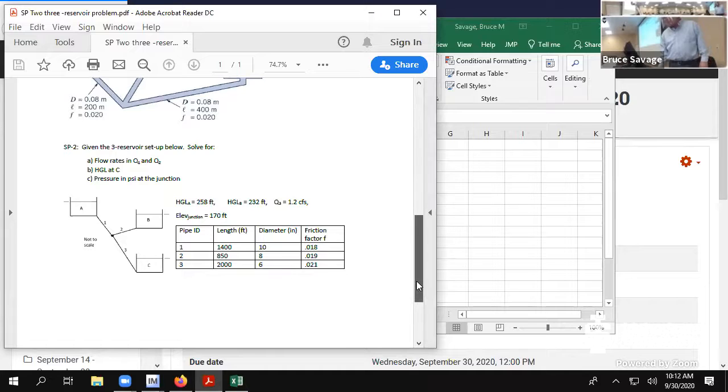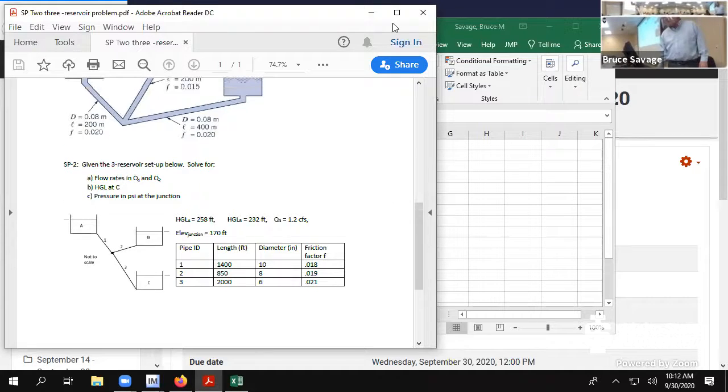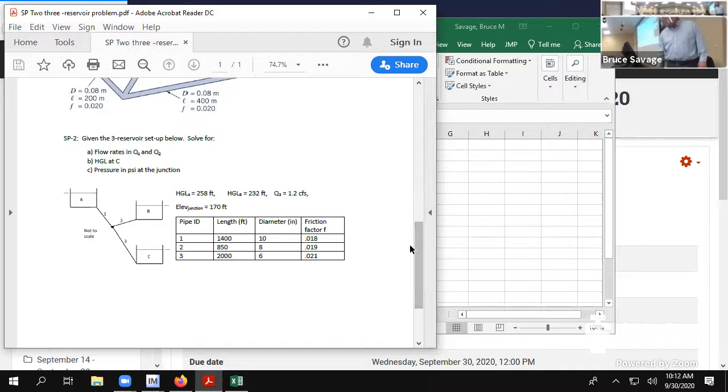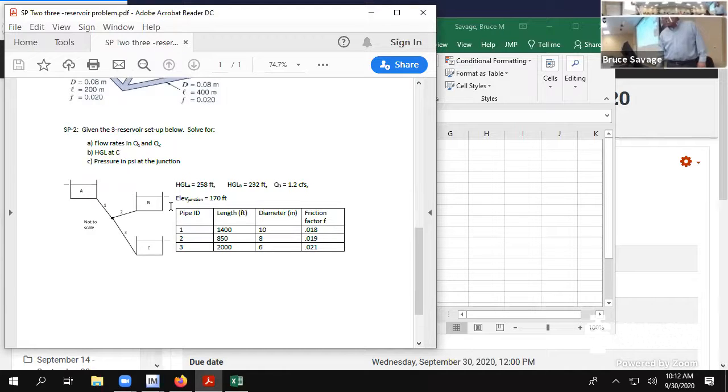I slapped this problem together last week, I think, when I was in a hurry, and then we ended up extending our homework out a day. My intent was to make the hydraulic grade line at the junction 170, not the elevation of 170.